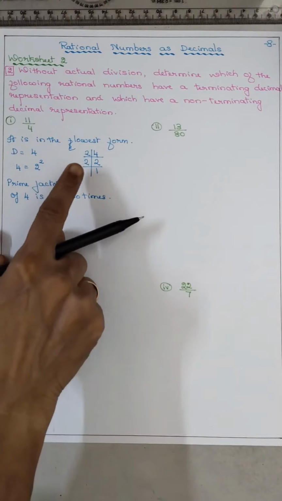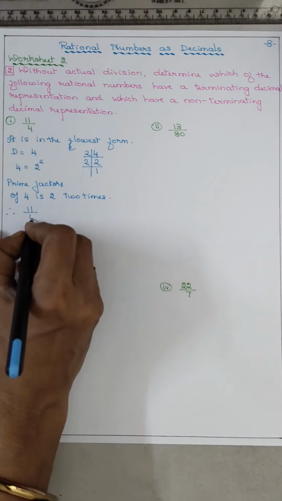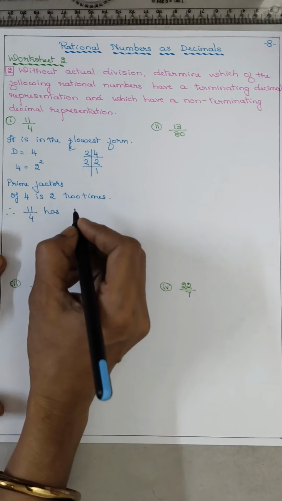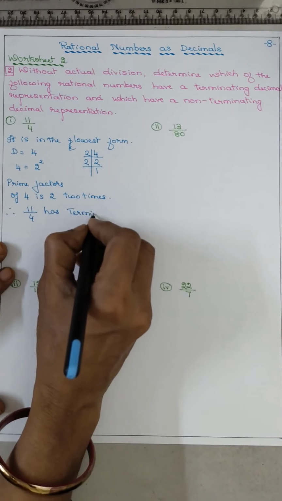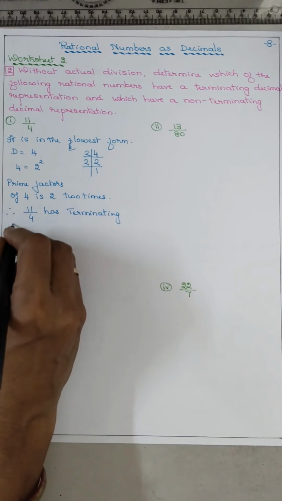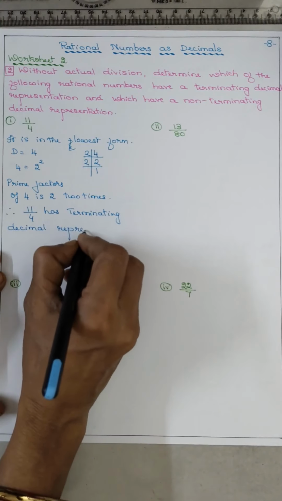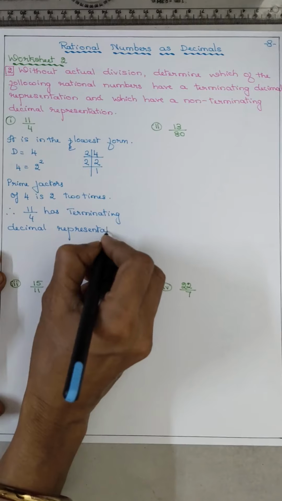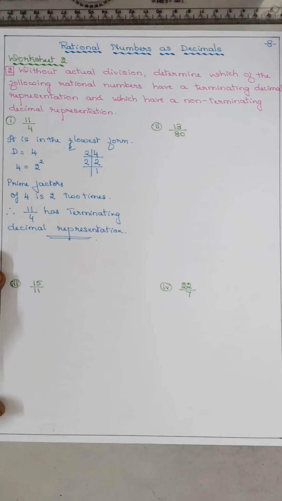So it has got 2, isn't it? So that is why 11 by 4 has a terminating decimal representation. No division, nothing, only the denominator of the lowest term you have to see.